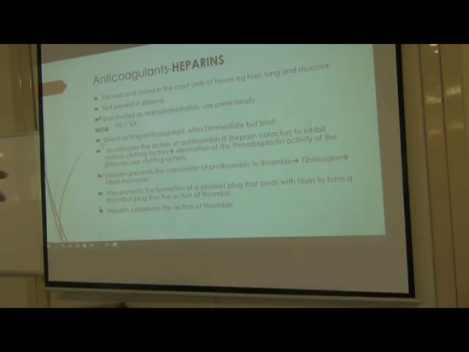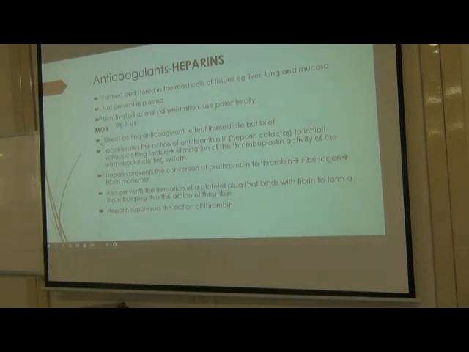It is not used orally because it is inactivated when it is taken orally. So that's why it is used parenterally. You know the different routes of administration. So the mechanism of action is to directly act on anticoagulation.